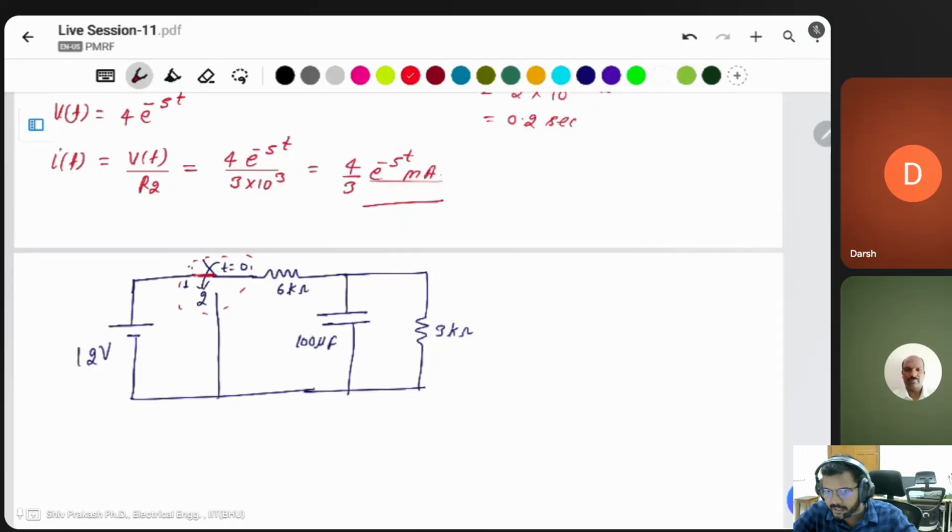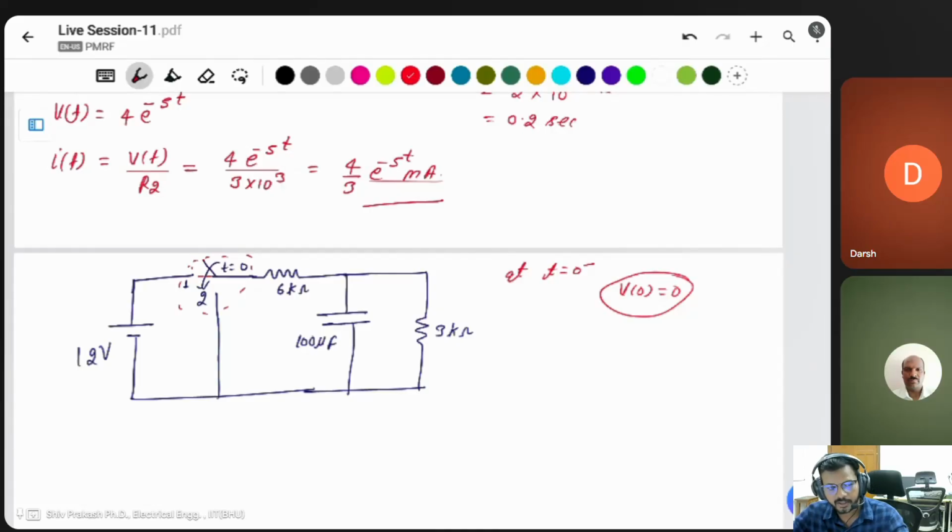It means there is an initial charge on the capacitor. Similarly, at t is equal to 0 minus, if no source is connected to the capacitor and inductor, then you can simply write the initial voltage and initial current as 0. No need to draw a circuit for this.